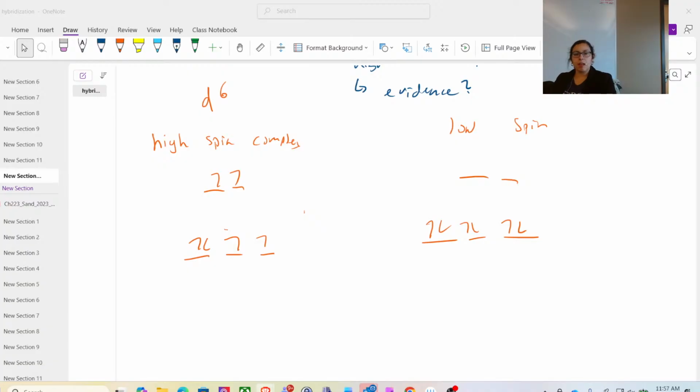In this case, it's going to be paired, so this is diamagnetic. And we would expect this if it was caused by a large splitting.